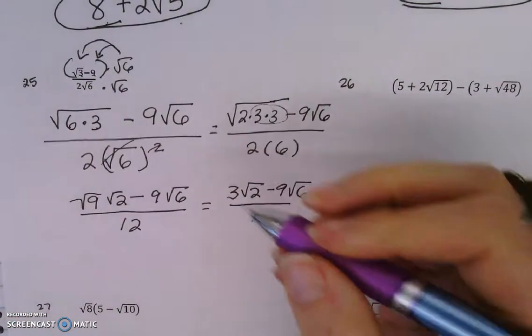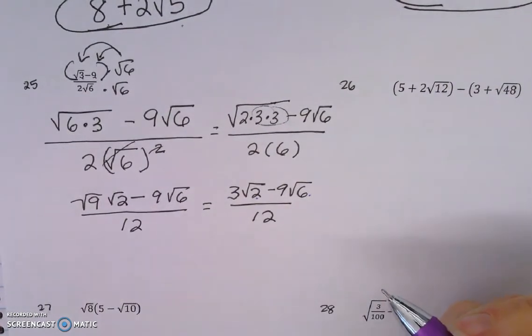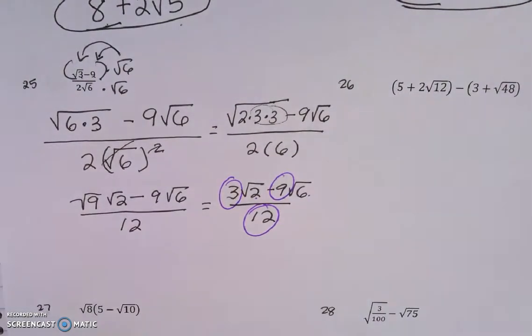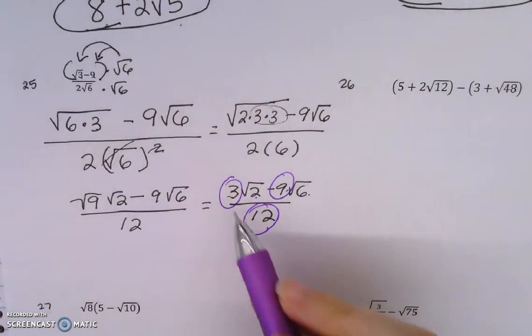Here's the tricky part. Remember that we need to check the numbers on the inside of the radicals to have any greatest perfect square factors, but I also need to check the numbers on the outside of the radical to see if they have any common factors. So taking a look, what number goes into 3, 9, and 12? 3 does.